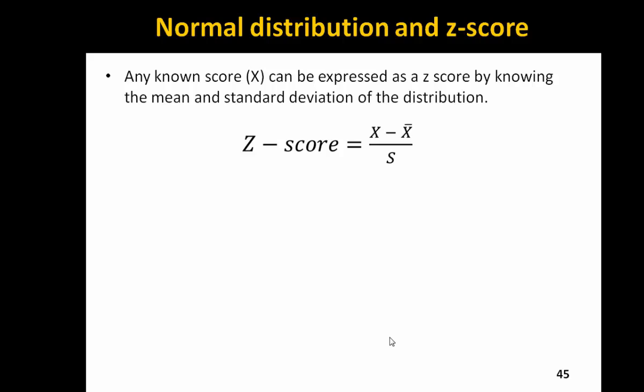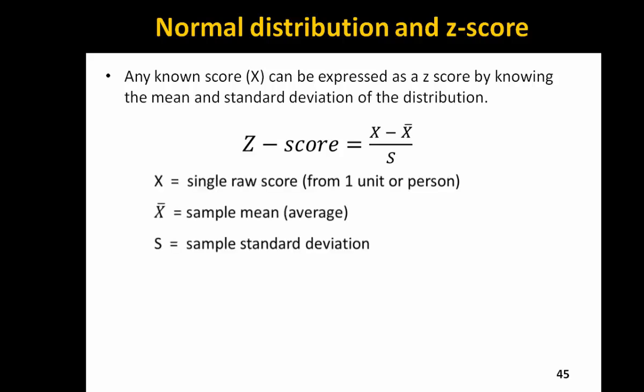For the z-score calculation, we take a raw score from one and only one person, and subtract the average of the entire sample, divided by the standard deviation of that sample. Once again, X represents a single raw score, X bar represents the sample mean, and S represents the sample standard deviation.